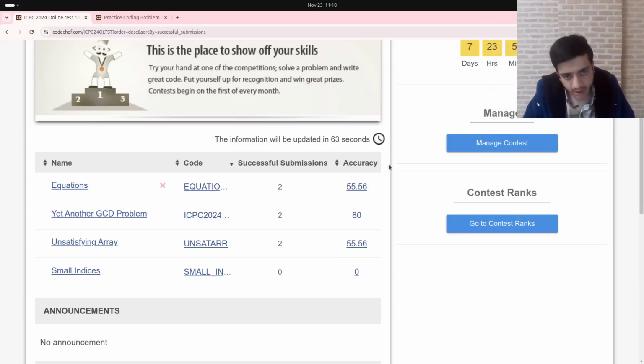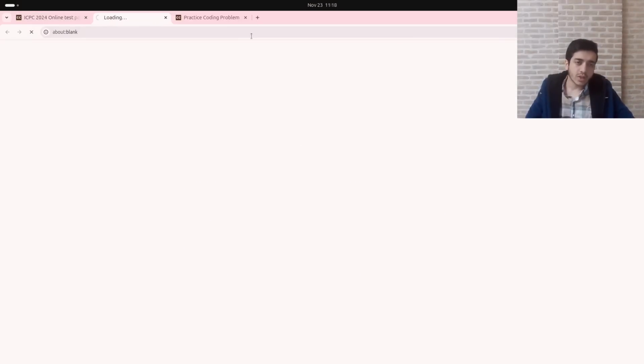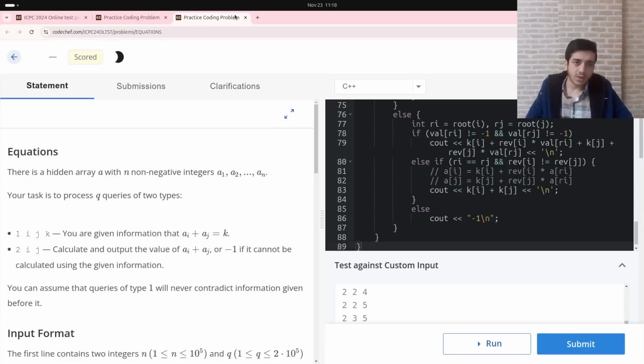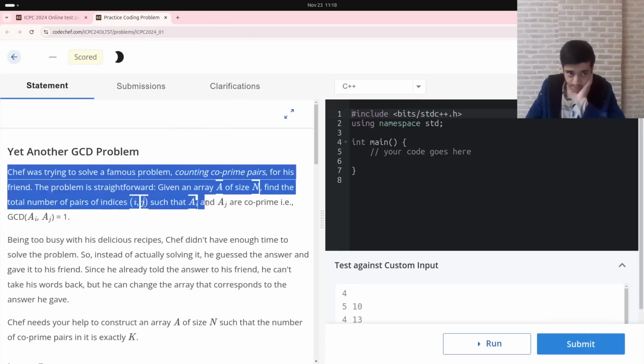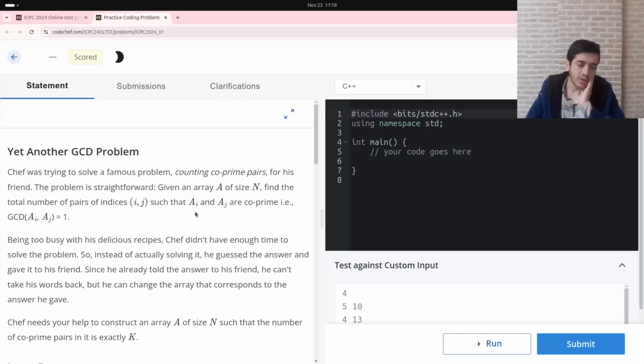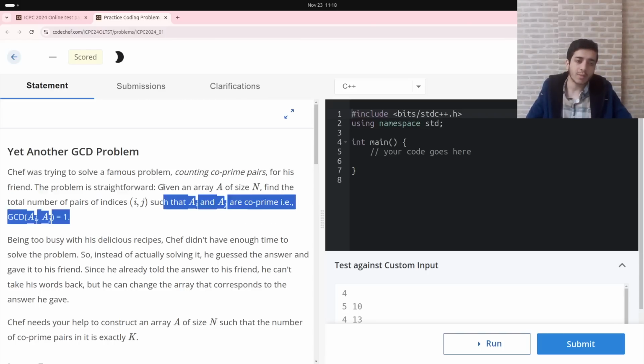Okay, it seems that as far as I know, the judge for the first problem needs some updates. So we'll continue with the second problem, and we'll come back soon when the judge for the first problem is fixed, and we'll resubmit to see what happens.